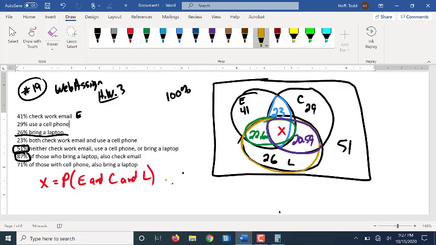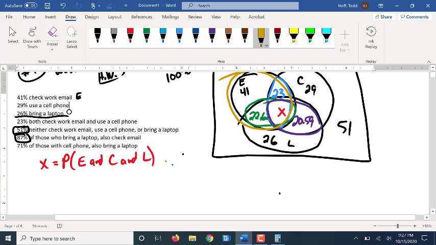What I'm going to do is break down each item on its own. So I'm going to start out looking at just those who are checking email. There's 41% that check email.